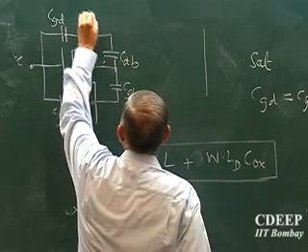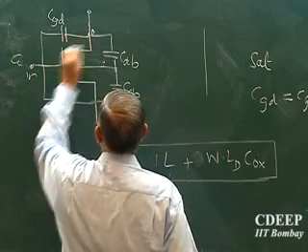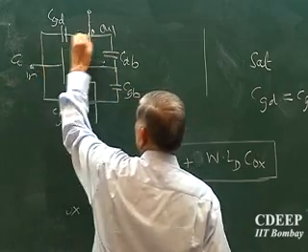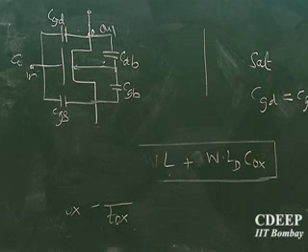If this is my output, the drain side, and this is my input, which is my gate side, what is this capacitor doing? What is it called in a circuit? Output is connected to input through some impedance, called feedback. So CGD acts like a feedback capacitor.